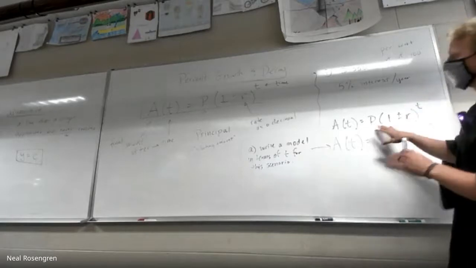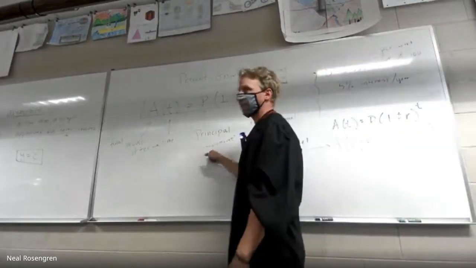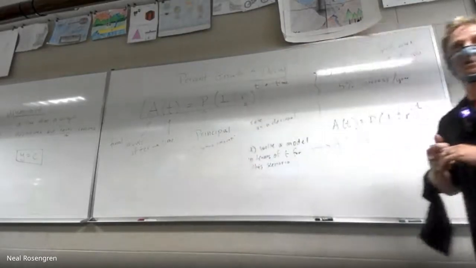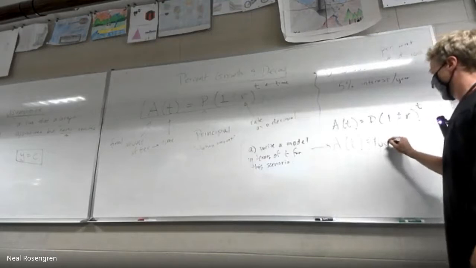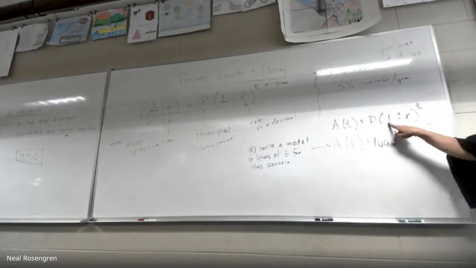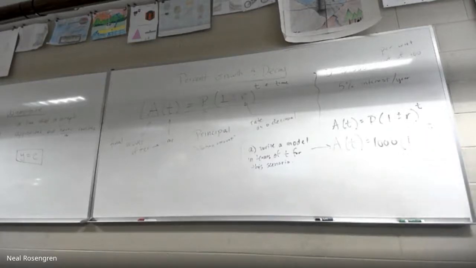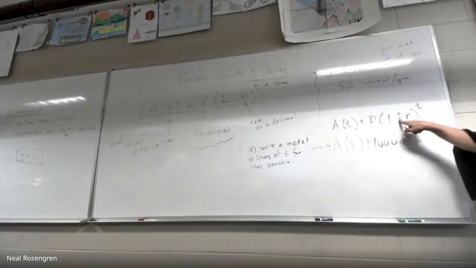So what's P? What's our principal in this scenario? What is our starting amount? That's $1,000, and I don't need a dollar symbol. Just put it down. The number one is just the number one. The question we have to decide on is, should we put plus or should we put minus?